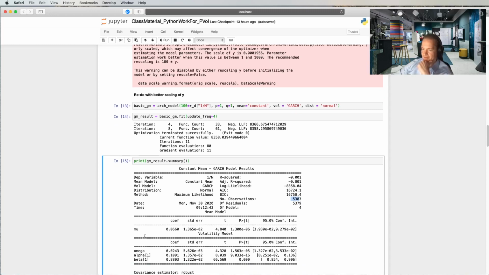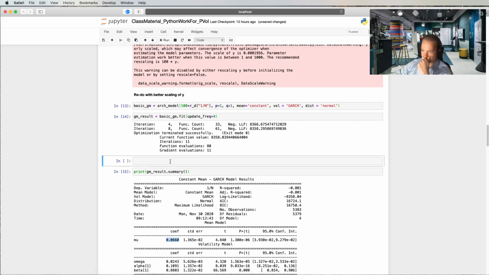Okay. That is the constant mu for the mean. Yeah, it's 0.06. If you just take 0.066, and now I want to annualize in percent, so I multiply by 252 trading days.